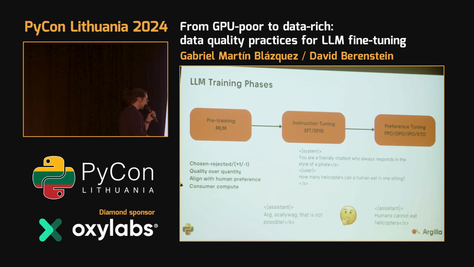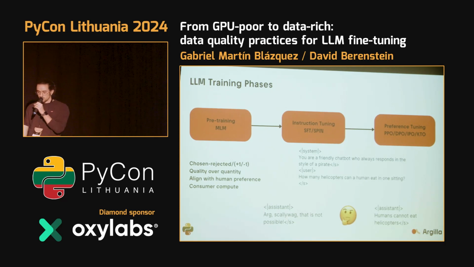A preference dataset is basically an instruction, like the one we have seen before. Then we ask the supervised fine-tuned LLM from the previous phase to generate several completions for that instruction. So we have several completions, and then we have a human telling which one they prefer.